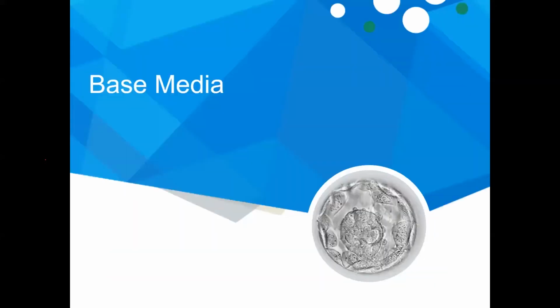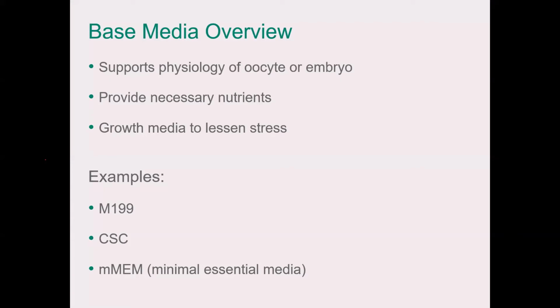So we talk about the base media. The base media is something we need to use for support, and it is expected to support the physiology of the oocytes and embryos, and also provide the necessary nutrients. From the history, there were many base media that have been used with vitrification, ranging from simple media to more complex media.